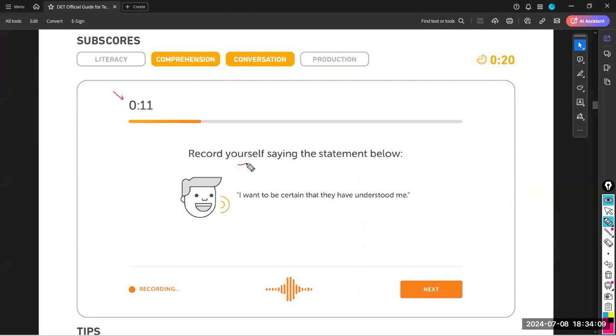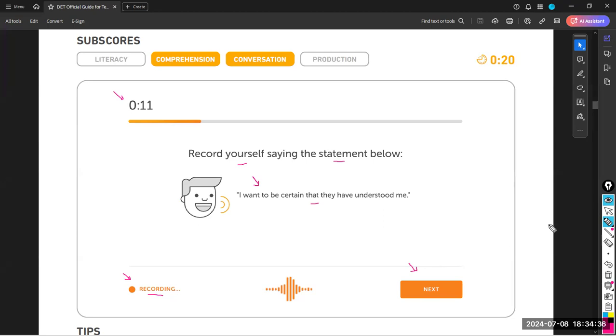And absolutely you have to record yourself saying the statement or the sentence below. The sentence is going to be written to you and you have to say it loudly. So this is the icon of recording. This icon is going to show you that it is recording, and after finishing recording yourself saying the sentence or statement, you have to press next.